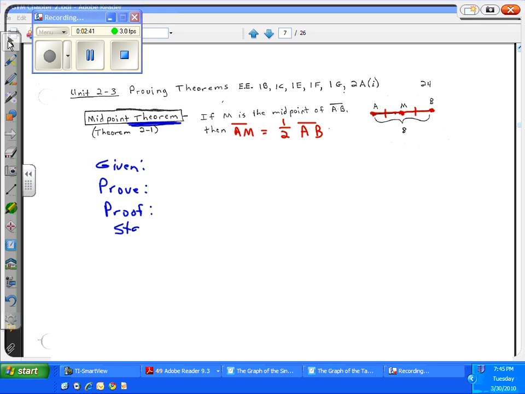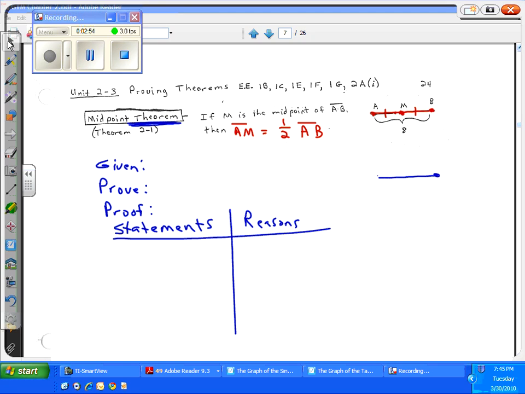We'll put the statements on the left and the reasons on the right and draw a diagram. Okay? I'm going to repeat that. Write the given, prove, proof, put the statements on the left, reasons on the right, draw the diagram.